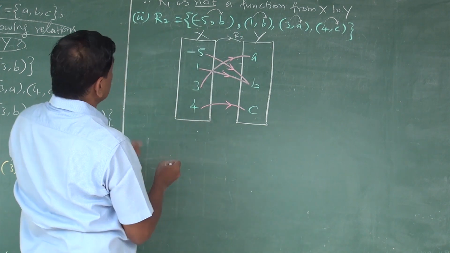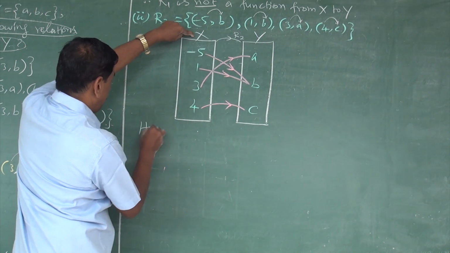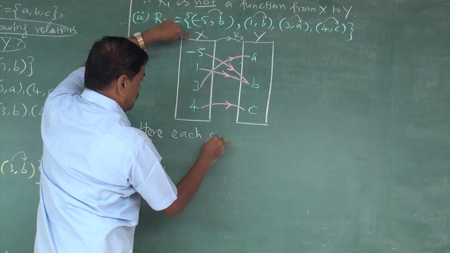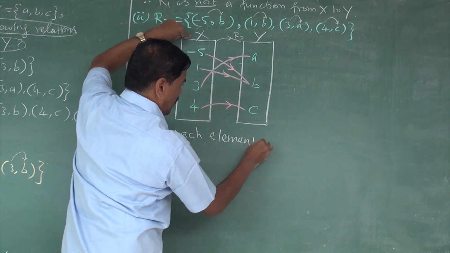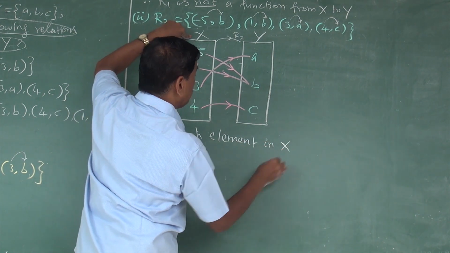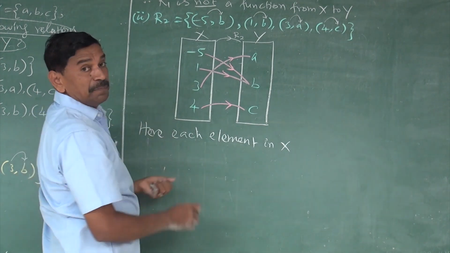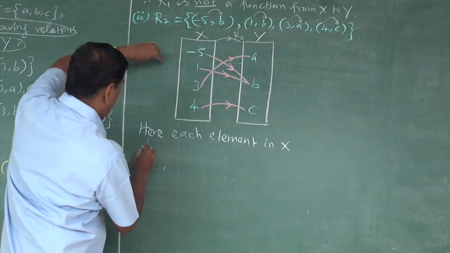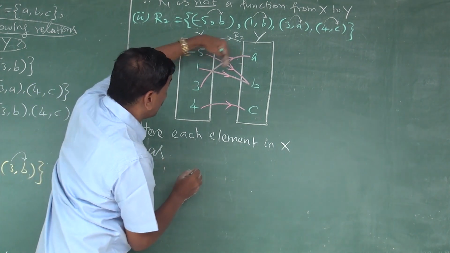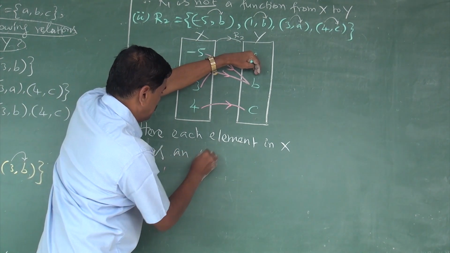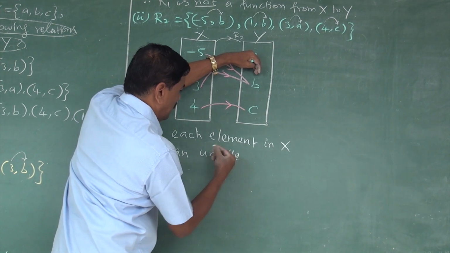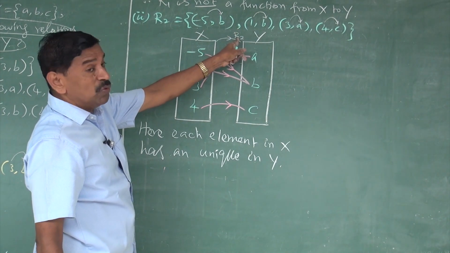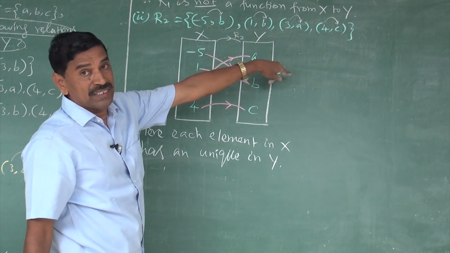Now I want to write the reason. Here, each element in X has a unique image in Y. Therefore, R2 from X to Y is a function.